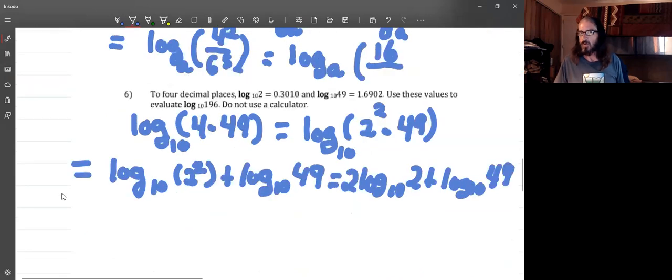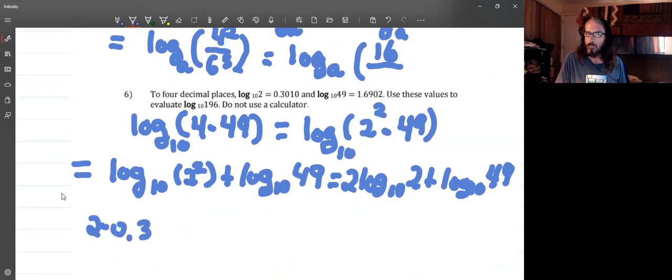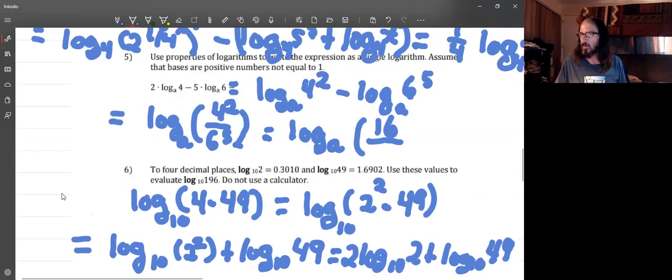And from here, okay, they say not to use a calculator, but really they mean don't just do log of 196 in base 10, which just about any scientific calculator would be able to do. But, okay, so 2 times the 0.3010 plus the log of 49 in base 10, which was 1.6902.